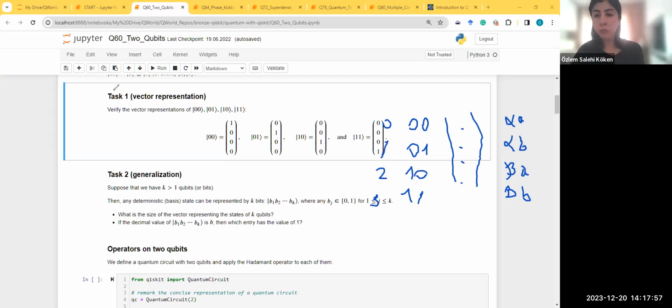And from this, you can readily see that to simulate a quantum system, you need exponentially many classical resources. Why? Because suppose you have a quantum computer with n qubits.